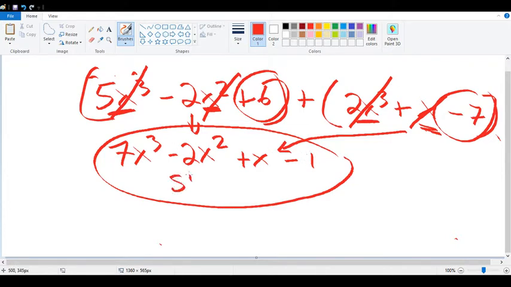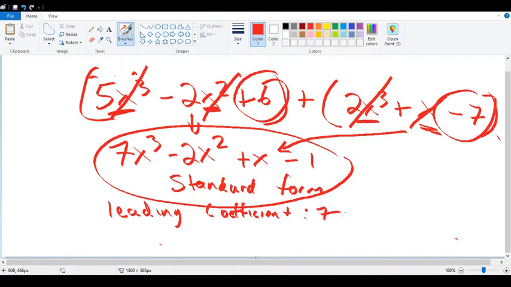This is called standard form. And my leading coefficient is 7. The degree of this polynomial is 3, cubic. That's the biggest degree.